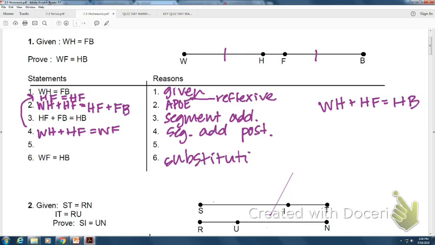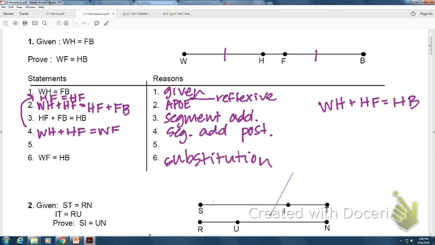So I kind of said that fast. Does everybody see where the substitution came from? I got some no's and yes. Okay, here we go. So we're looking at our statements. We have WH plus HF, and we've defined that as WF. So we can substitute WF up here. We've defined HF plus FB as HB. So we can substitute HB now in for this.